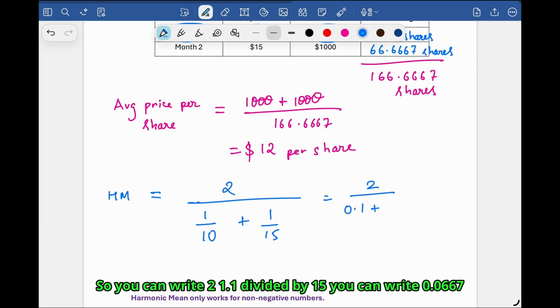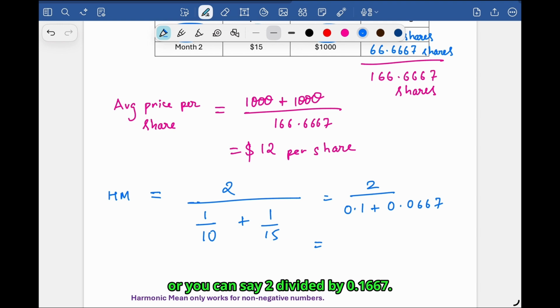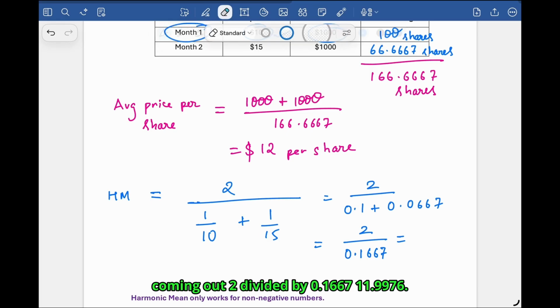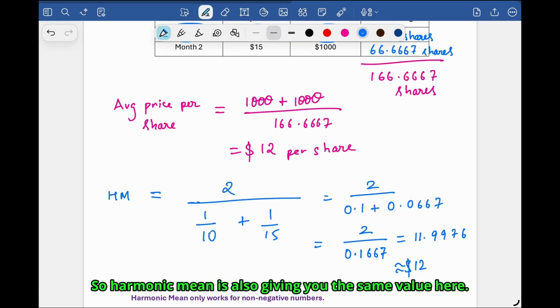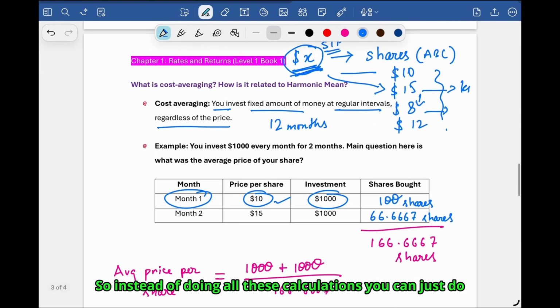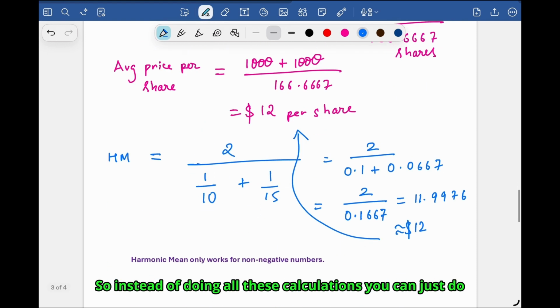You can write 0.1 plus 0.0667, so 2 divided by 0.1667. Let's see how much the value comes out. 2 divided by 0.1667 is 11.9976. So basically you can say it is 12, right? So harmonic mean is also giving you the same value here. Instead of doing all these calculations, you can just do harmonic mean.